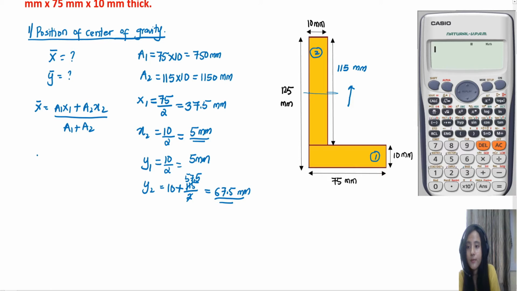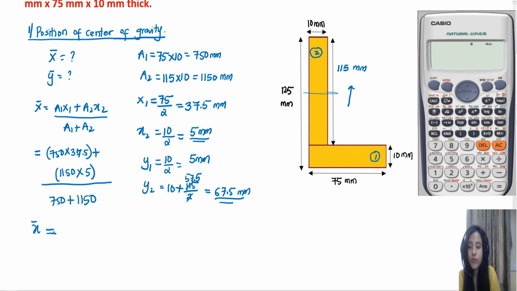Now let us find x bar. X bar will be equal to area 1, which is 750, into x1, which was 37.5, plus area 2, which was 1150, into x2, which is 5, divided by the total area 750 plus 1150. Now let us see how much we get.